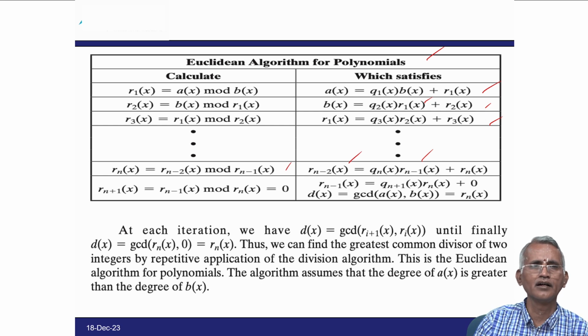Therefore, we can write R suffix n plus 1 of x equal to R suffix n minus 1 of x under modulo Rn of x equal to 0. Therefore, R suffix n minus 1 of x equals Q suffix n plus 1 of x into Rn of x plus 0. Therefore, d(x) equals the GCD of A(x), B(x), which is equal to Rn(x).